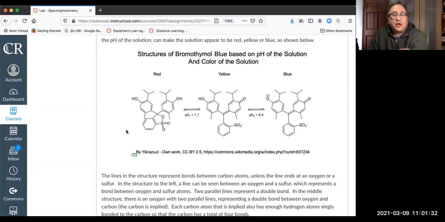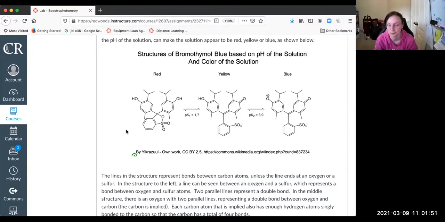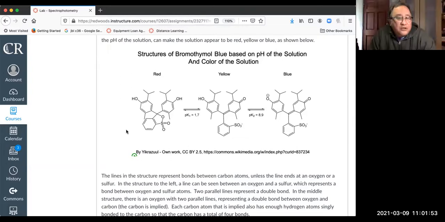So do you see the structure changes a little bit each time? Yeah. On the left, you've got that sulfur bonded to 3 oxygens and all sorts of things going on there. And you see in the upper right, there's an OH. When we go to the middle structure, the upper right no longer is an OH, is it? Right.